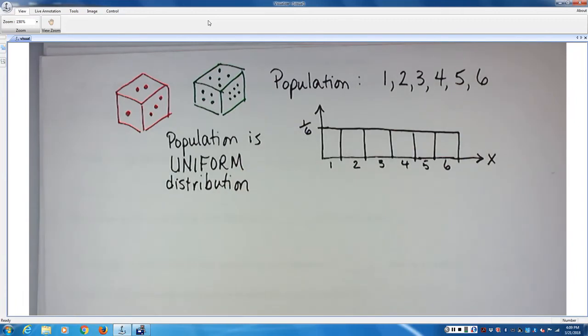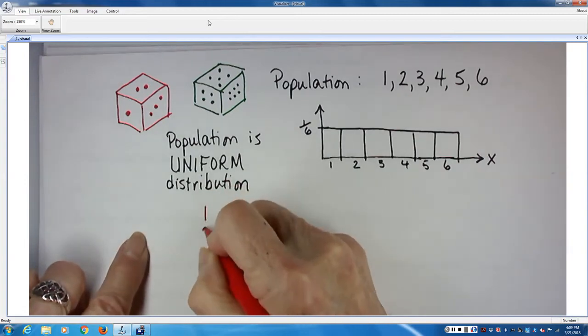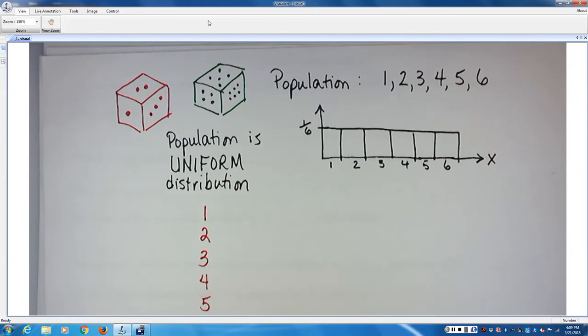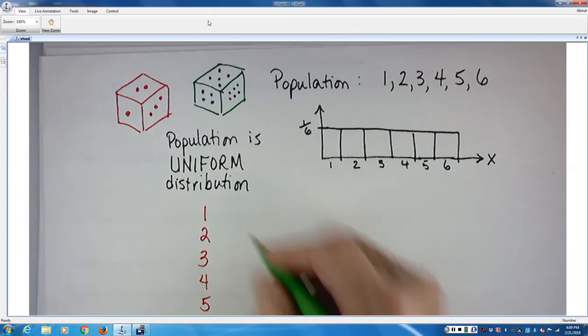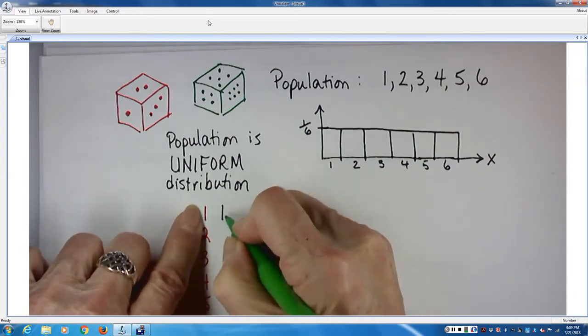And I'm not going to go through all of the different pairs, but I am going to ask you, if my first roll, because I'm going to roll these dice twice, which is represented by the red, is 1, 2, 3, 4, 5, 6, my second roll might also be a 1.